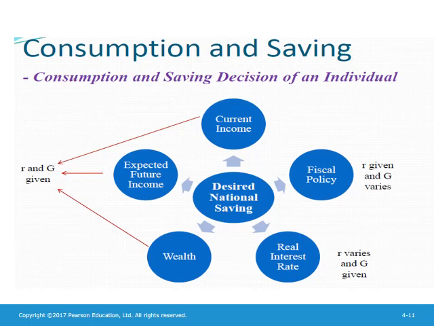And then we'll move to the effect of fiscal policy, the change in taxes, the tax rate, or the change in government spending. Then we will change the G that we assumed before to be fixed, and still the real interest rate will be given, constant. And then we'll move to the effect of the changes in the real interest rate, where we will relax the assumption of R being fixed. Now it varies, but the G is still given as a fixed amount.